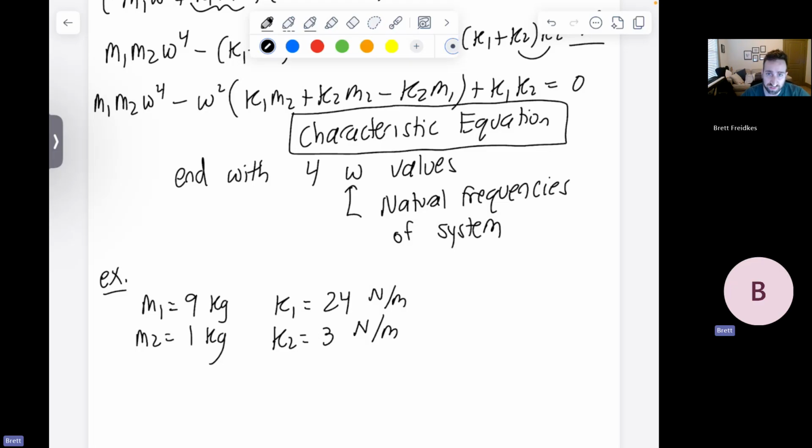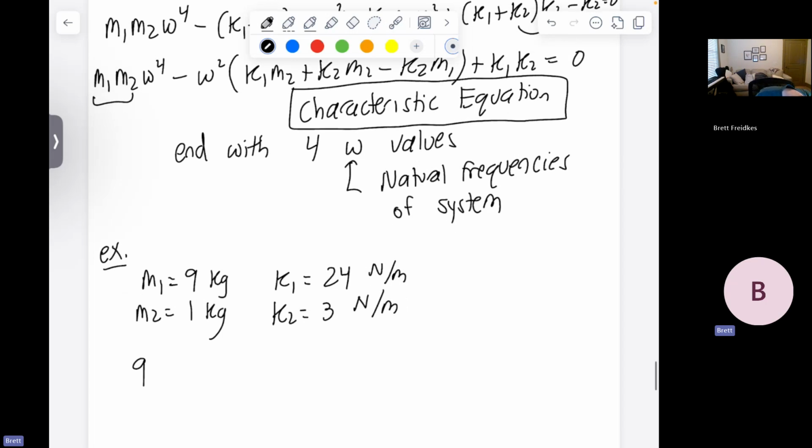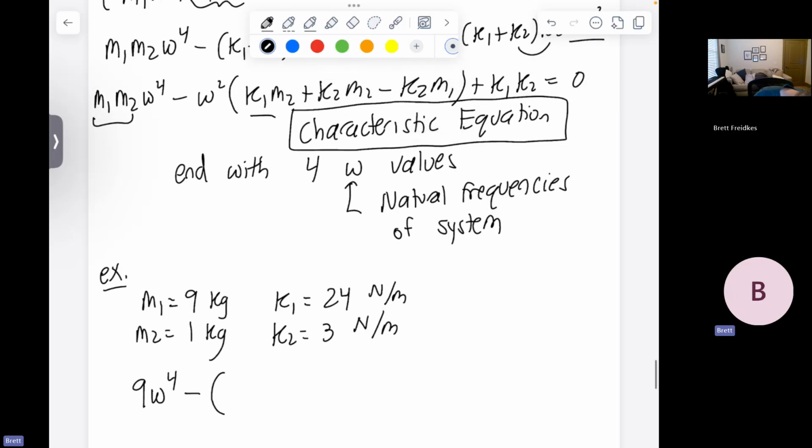So I derived the characteristic equation in a general sense, so we can just plug these numbers in now. M1 times M2 is 9 minus K1 times M2 is 24, plus K2 times M2 is 3, plus K2 times M1 is 27, plus K1 times K2 is equal to 0.